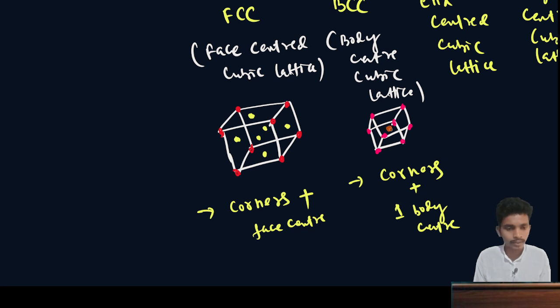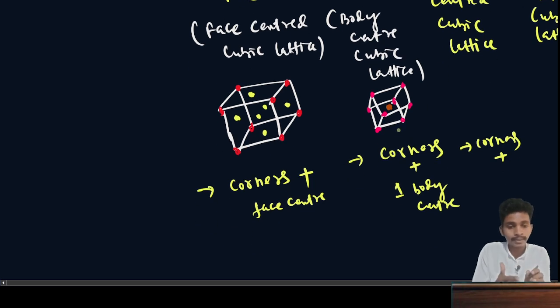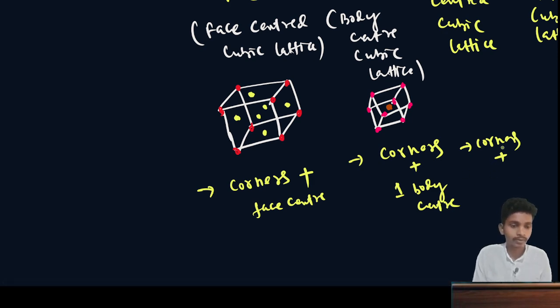Whereas for end centered, what will be there? Here also corners plus end center, meaning any two opposite faces have one lattice point at the center. So corners plus any two opposite faces centered.